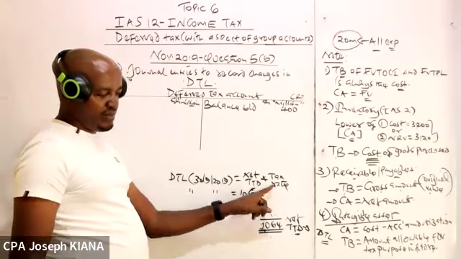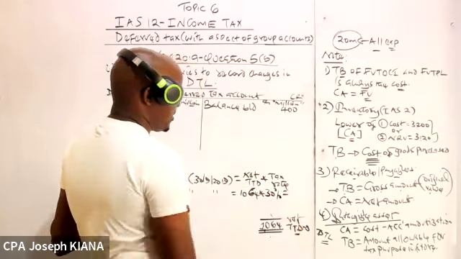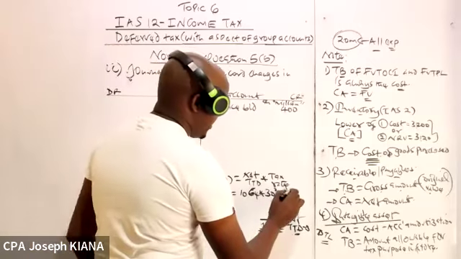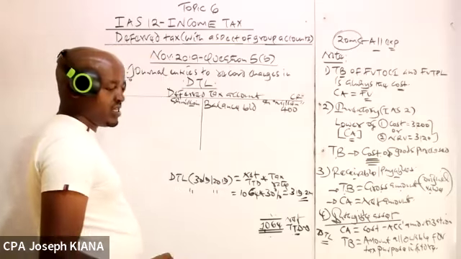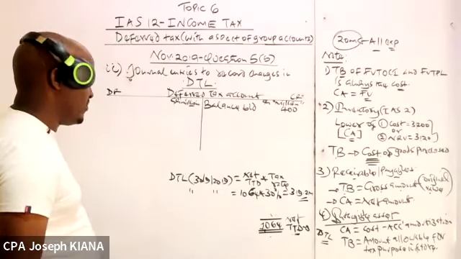Tax rate is given in note number 7, 30%. So that will give us a deferred tax liability of how much at the end of the year? So the deferred tax liability here, I'm told by Aziz, will be 319.2. That is also the answer I'm getting from Yvonne.